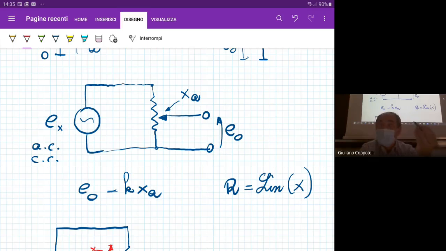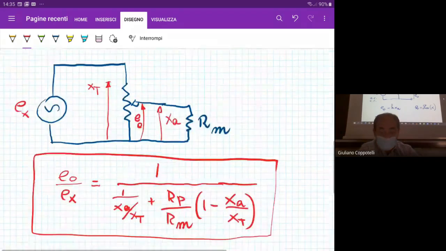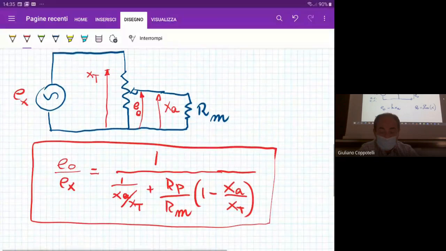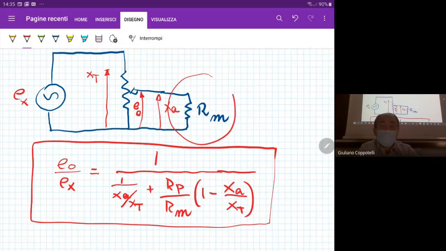But in reality, when you are measuring your output tension, you have to modify your basic circuit like this in order to take into account your measuring device. This is the measuring device.